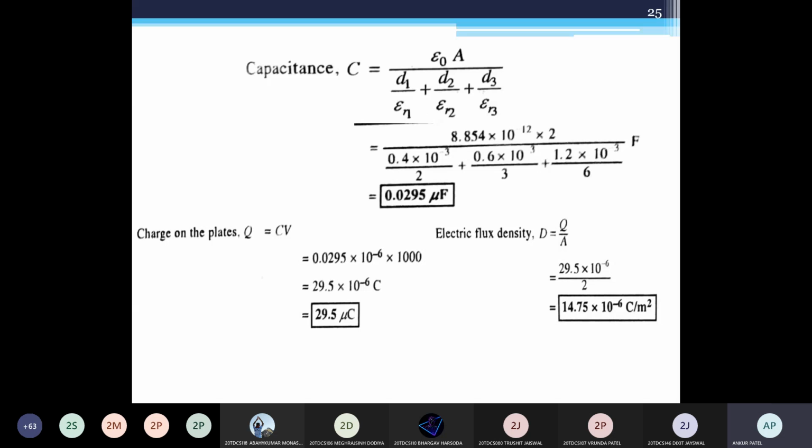Now here it asks to find the electric field strength for each slab or each dielectric medium. So you have to go for E1, E2 and E3. E1 is equal to D upon epsilon 0 into epsilon R1, and E2 is equal to D upon epsilon 0 epsilon R2.